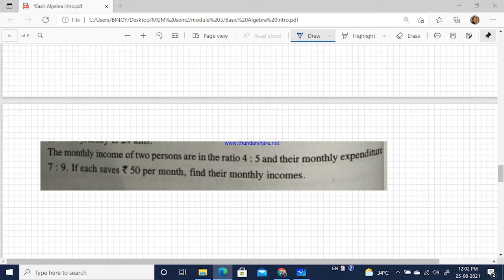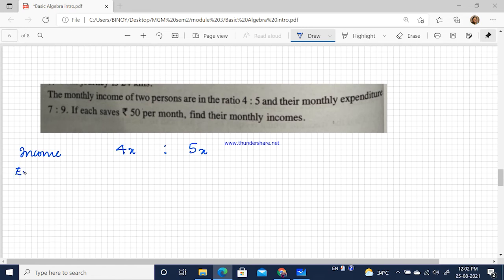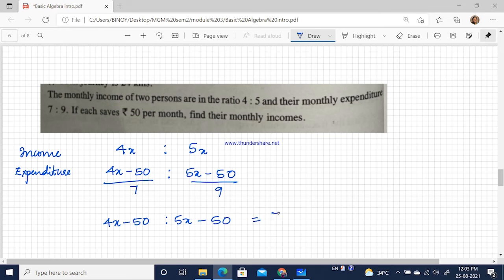So let's consider their income as 4x is to 5x, and let the monthly expenditure we can consider as (4x minus 50) is to (5x minus 50), which is same as 7 is to 9.